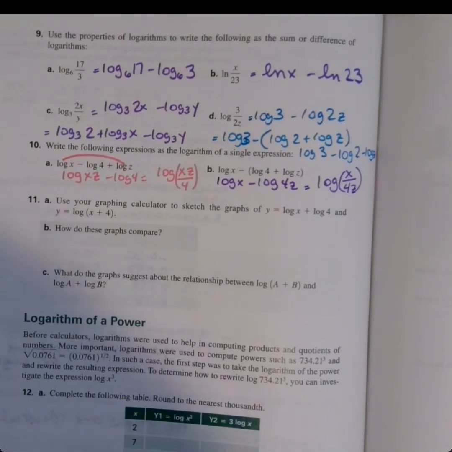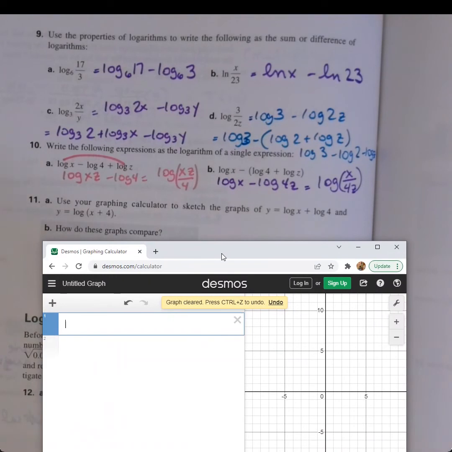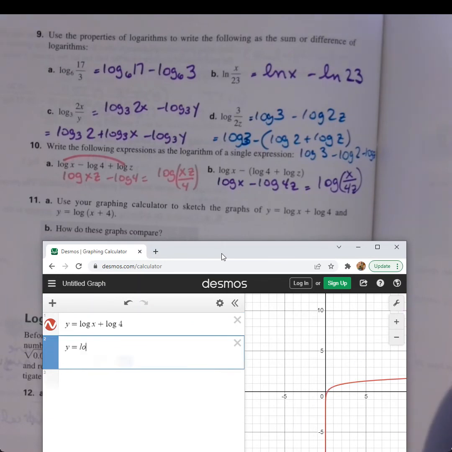All right, so graph a pair of things here. Let's get a clean graph. Y equals the log of x plus the log of 4, and y equals the log of x plus 4.